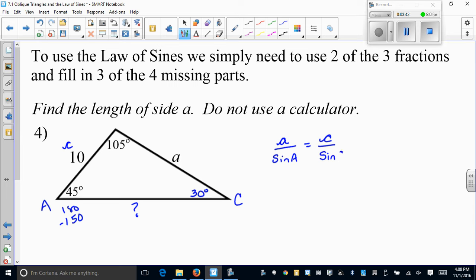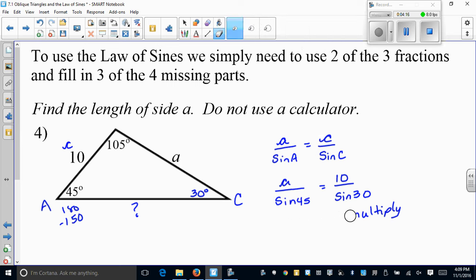So a over sine of 45 equals 10 over sine of 30. Cross multiply. Actually, don't even cross multiply. Take that back, because you're causing yourself additional work doing it that way.